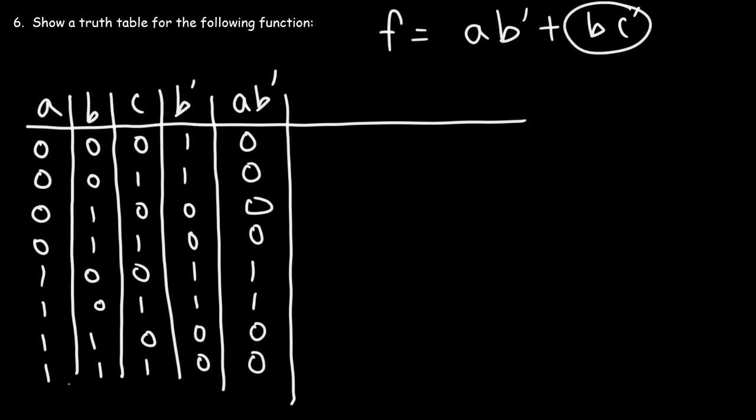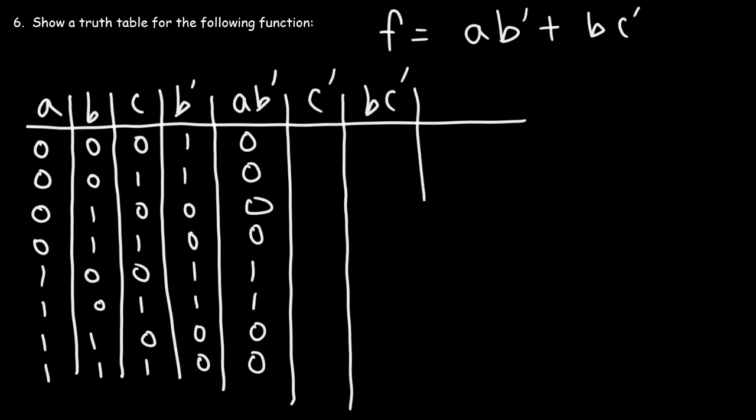Now before we move on to that expression, we need to write a column for c prime and then we could write one for BC prime. So let's write the complements of column C. So when C is 0, C prime is 1. And when C is 1, C prime is 0. Now, let's multiply column B by column C prime.